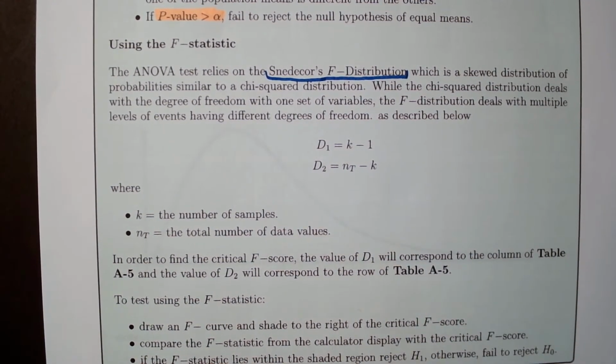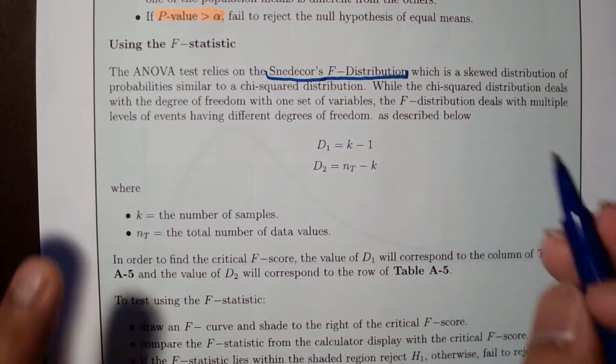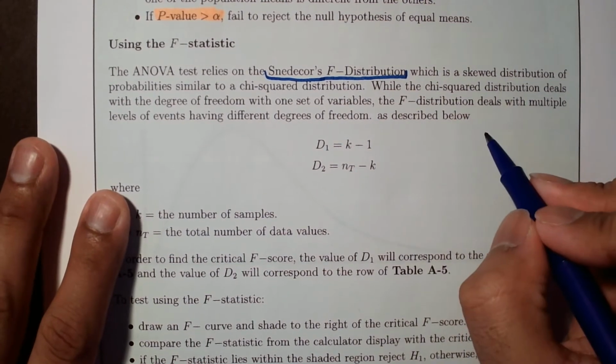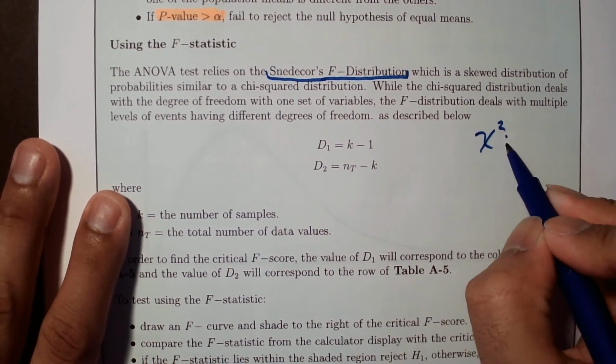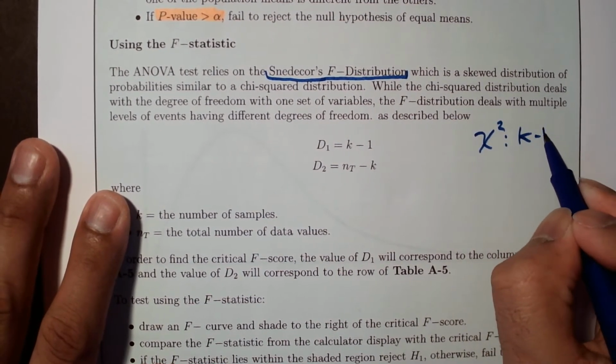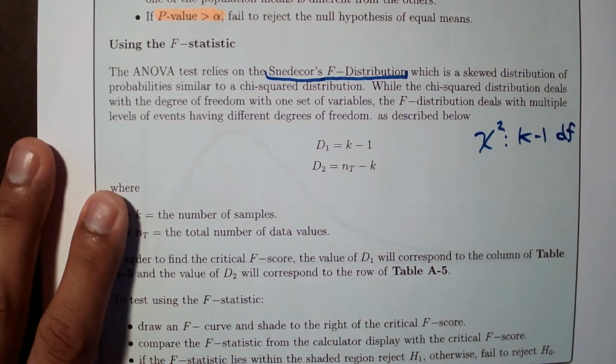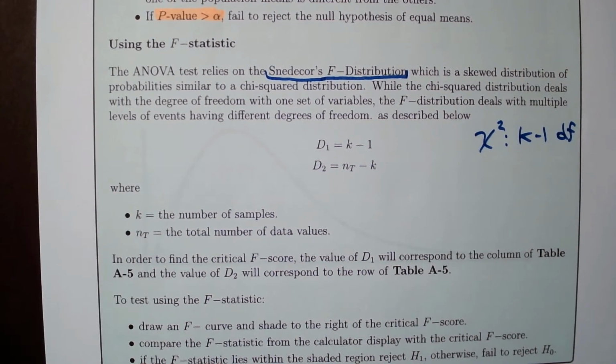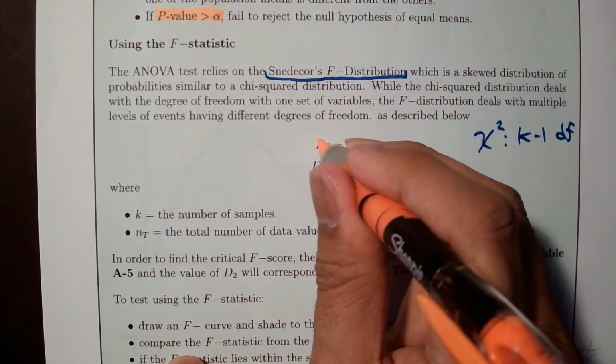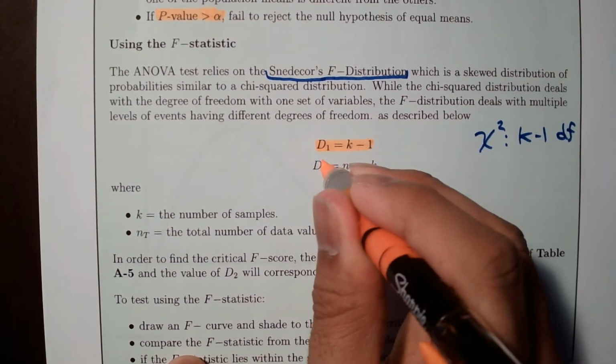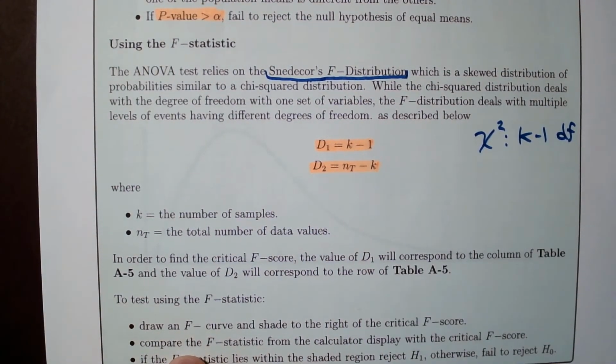If you recall, chi-square most of the time had k-1 degrees of freedom. In this case, the degrees of freedom are going to look different. In fact, we are going to rely on 2 different degrees of freedom: degrees of freedom 1 and degrees of freedom 2.